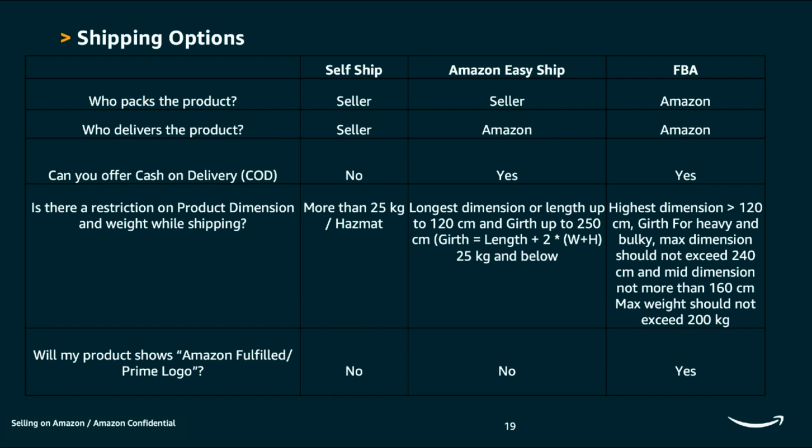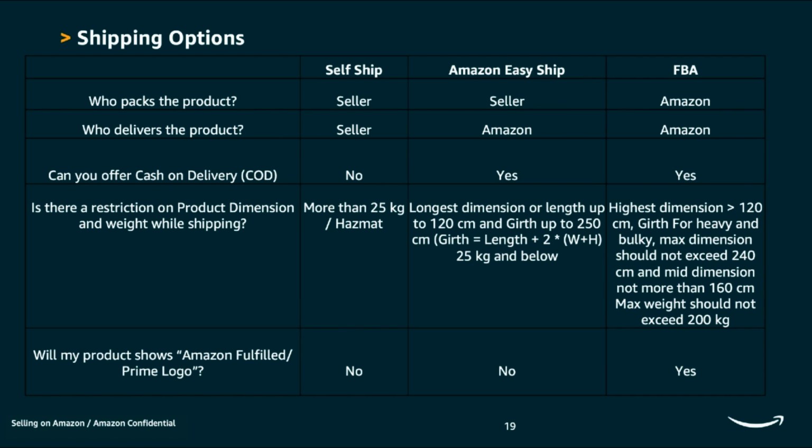Next, is there a restriction on product dimension and weight while shipping? As I've mentioned, for Amazon Easy Ship, we have a limitation of 25 kilos and below only. The longest dimension for Amazon Easy Ship should be up to 120 centimeters, and the girth should be up to 250 centimeters.